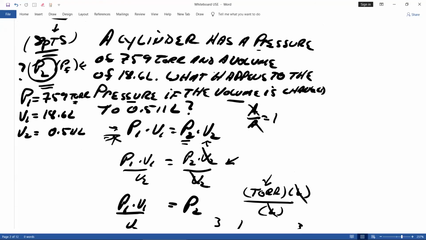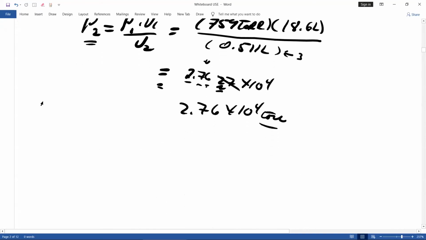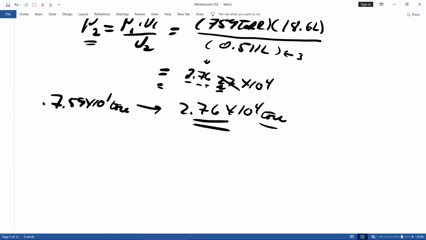We start out at 759 torr, and by lowering the volume, we've increased the pressure dramatically, almost 1,000 times higher, approximately. And what happened?